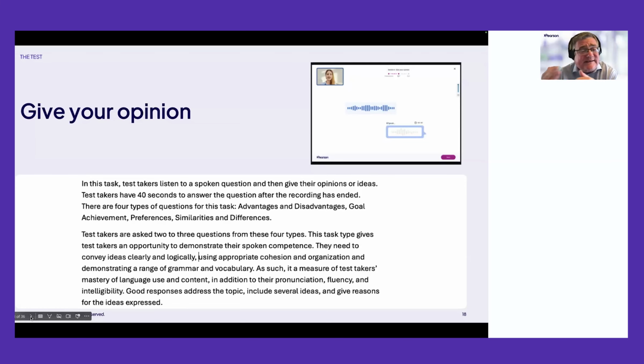And again, this is an opportunity for the test taker to see if they can convey their ideas logically, how they organize their ideas, the range of grammar and vocabulary, and accuracy. So there's quite a lot going on in terms of asking the test taker to give an extended piece of speaking, and again from that we can glean quite a lot of information.